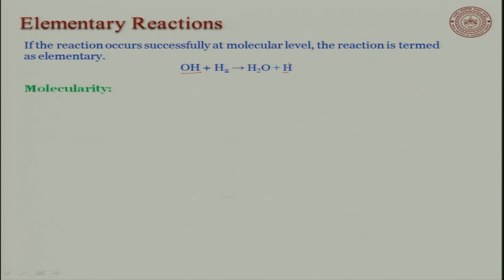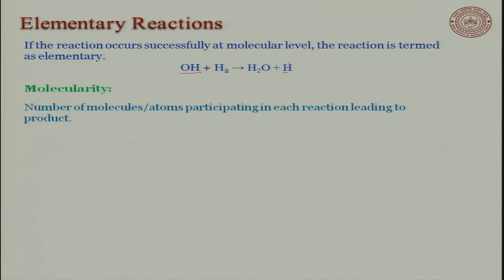We had discussed molecularity earlier, but I want to discuss this again because it is important to learn the difference between the molecularity and the order of reaction. So, molecularity is basically the number of molecules or atoms that participate in each reaction leading to a product, right.